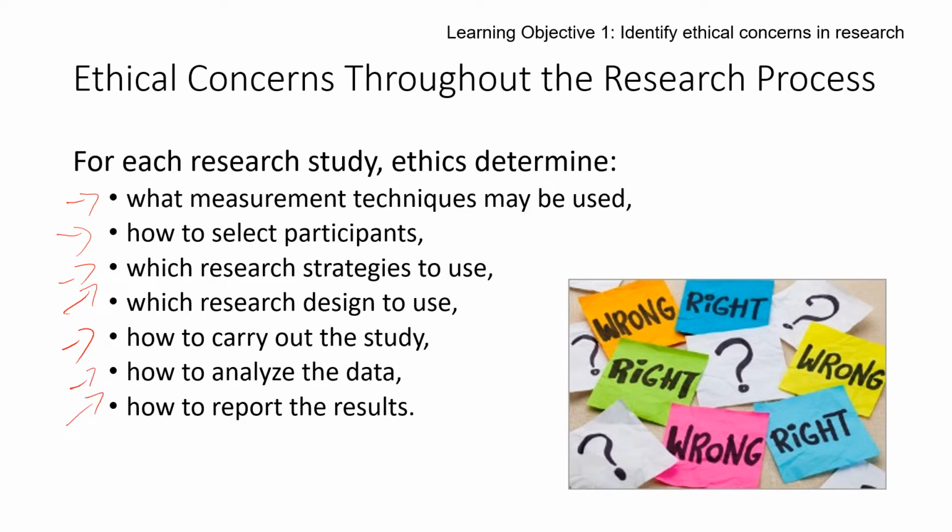Again, with analyzing, you don't want any systematic discrimination. With reporting, you don't want to report it in such a way that it causes harm to someone. This is a big reason why one of the main tenets of research is anonymity, that the results are anonymous, that participants aren't exposed as being a participant in a study.